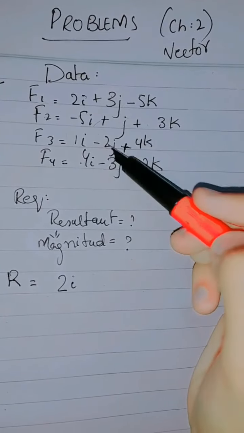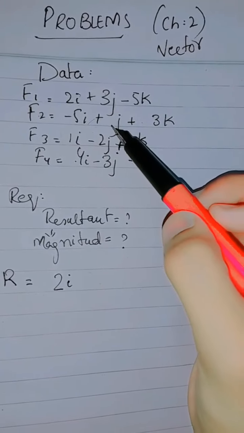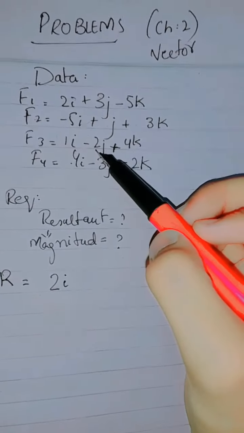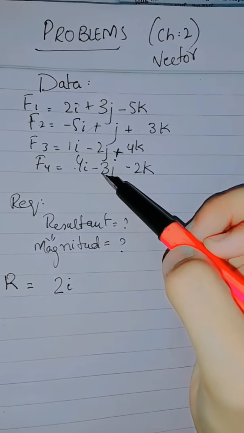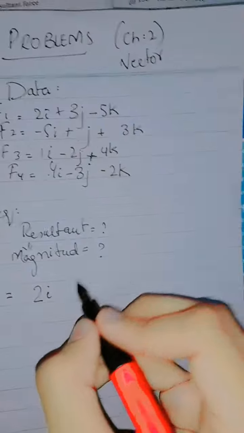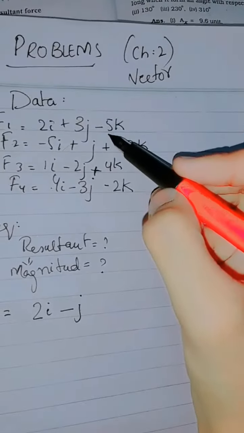Then we'll add all the j. 3 plus 1j is equal to 4j. 4j minus 2 is equal to 2j. Then 2j minus 3 is equal to minus j. Then k.